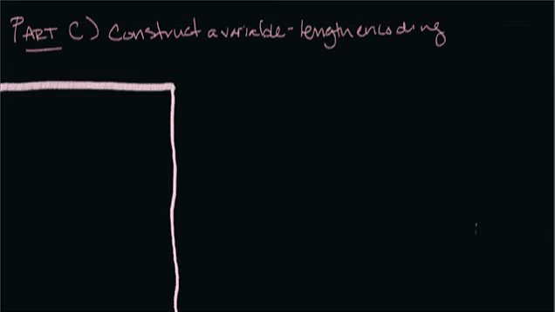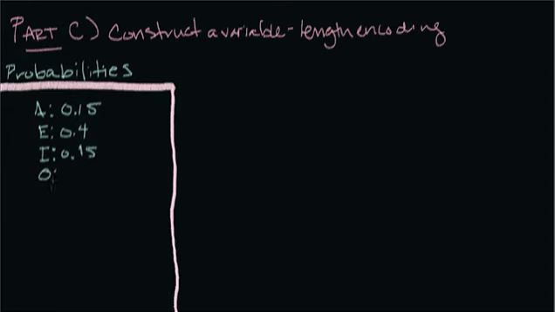So we need our probabilities. For A, the probability was 0.15. For E, probability was 0.4. For I, the probability was 0.15. O, 0.15. And U, it was 0.15.